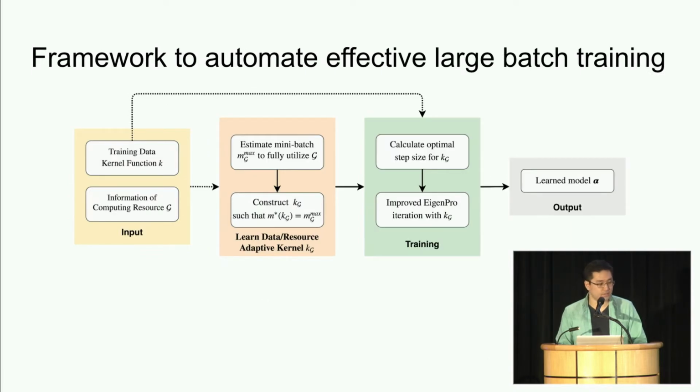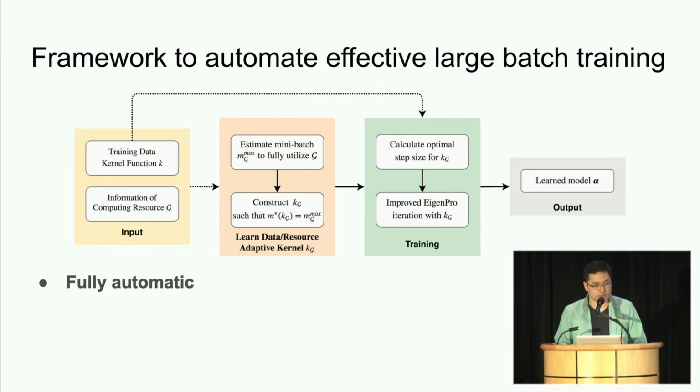Okay, we packaged this entire algorithm and implementation in this pipeline. The nice thing about this pipeline is that it is fully automatic. All you need as a user is to input the training data, the kernel function you select, which is basically a model architecture, and some information about the hardware you're using, like memory size or the computing cores you have.